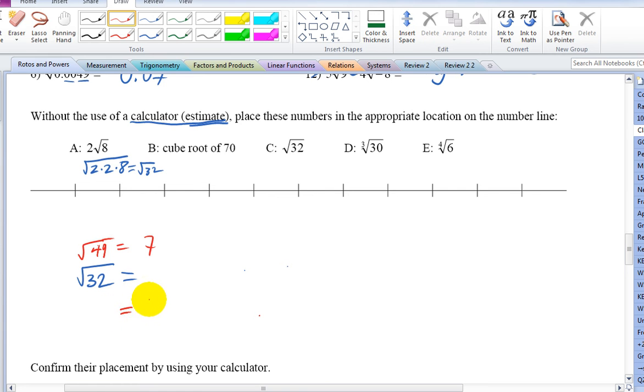So below 7 would be the number 6, so this must be square root 36. So what's the approximate value then? Well, here we're 4 digits away, and from 32 and 39 we are 10 and 7, we're 17 digits away. So we're not even close to 6.5, we're well below that.